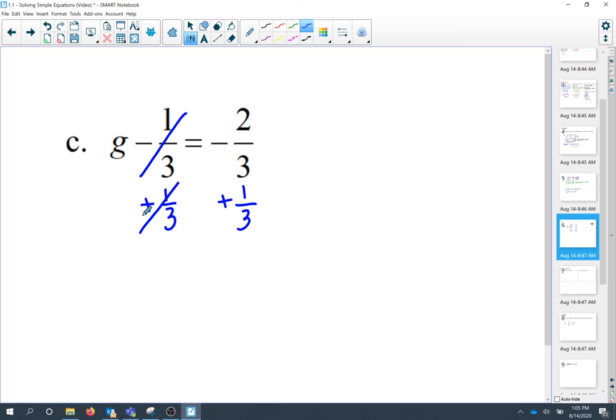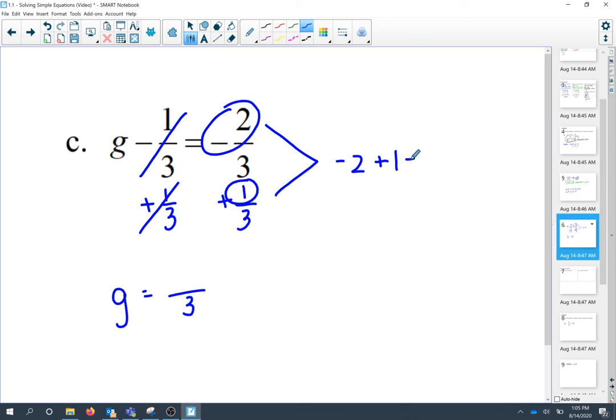These are going to cancel because they're inverse operations, and my g is just going to drop down. Equals. Now I have -2/3 plus 1/3. When you're doing fractions, they have to have a common denominator, which these do, and the common denominator is 3. That's not going to change. So really what you're looking at here are your numerators where you have a -2 plus 1, which is -1.